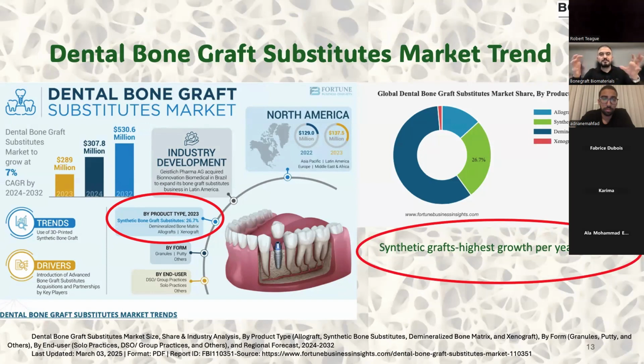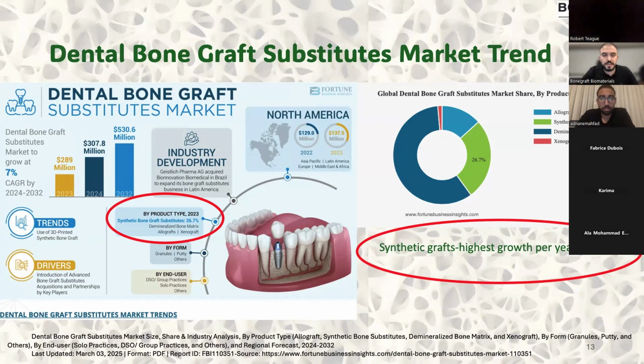Okay, this is not exactly the subject of the webinar, but I would like to show it because this motivation, the turnover to scientifically based synthetic bone grafts, also applies to the numbers.